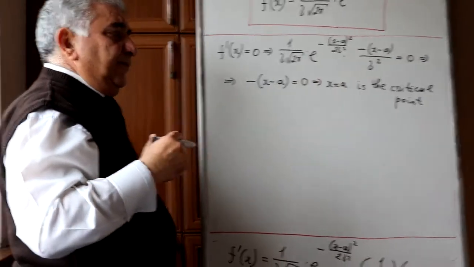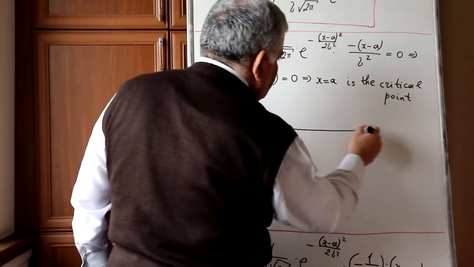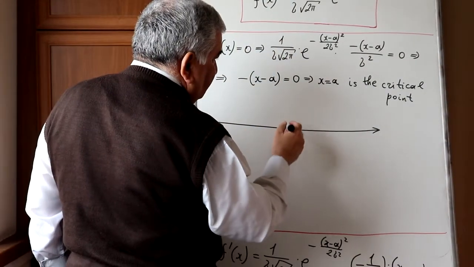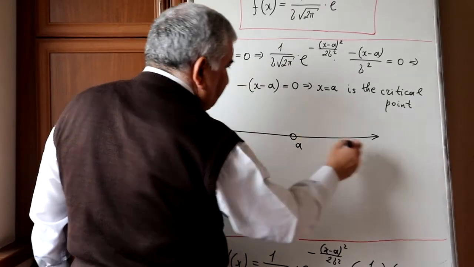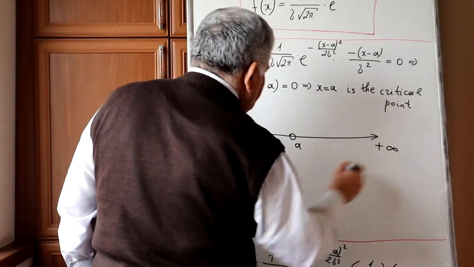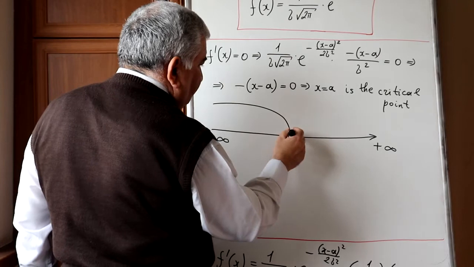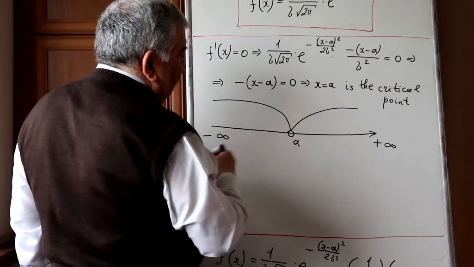Then construct the real axis and mark the point A on this axis, from minus infinity to plus infinity, and we obtain two intervals, from minus infinity to A and from A to plus infinity.